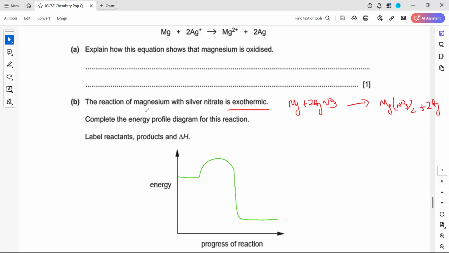In the question, you can refer to the ionic equation as well. That is fine. Or if you only mention reactant and product, that's also fine.